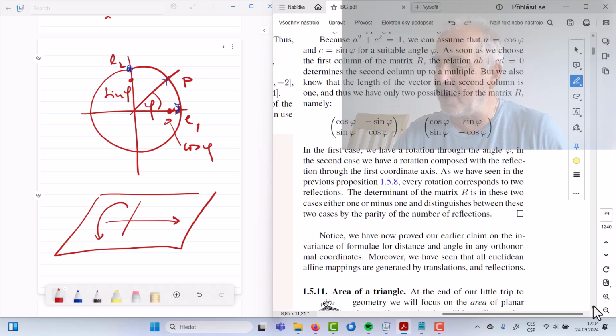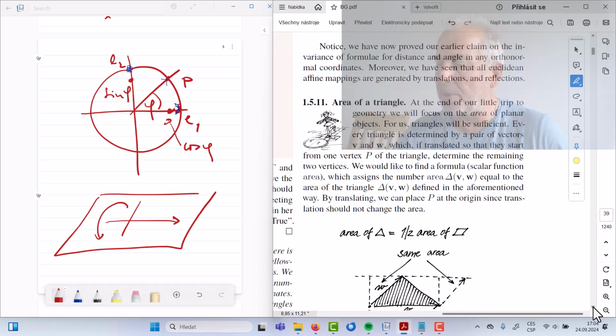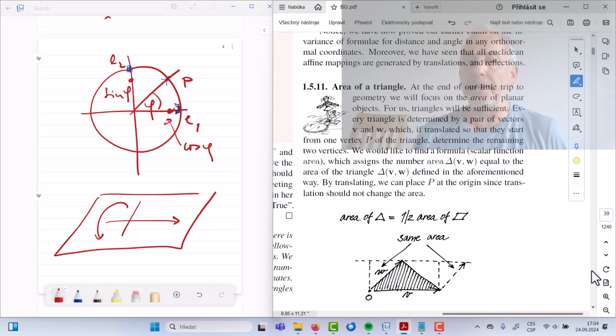Right, the last thing I want to talk about here is the areas. So we want to first of all just declare, for simplicity, that we are modest and would be happy to know the areas of triangles.